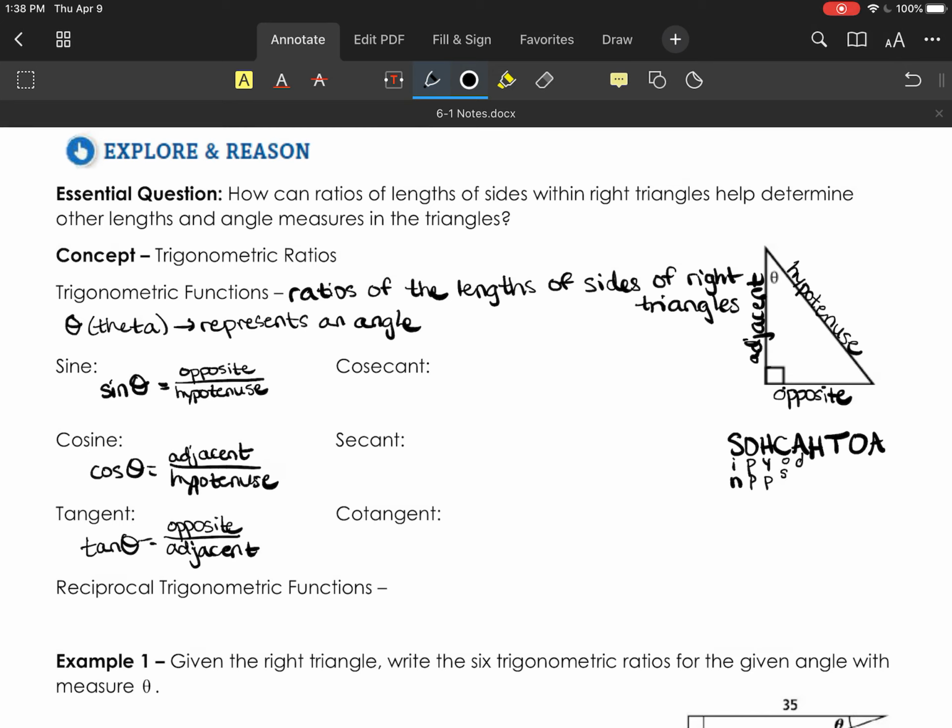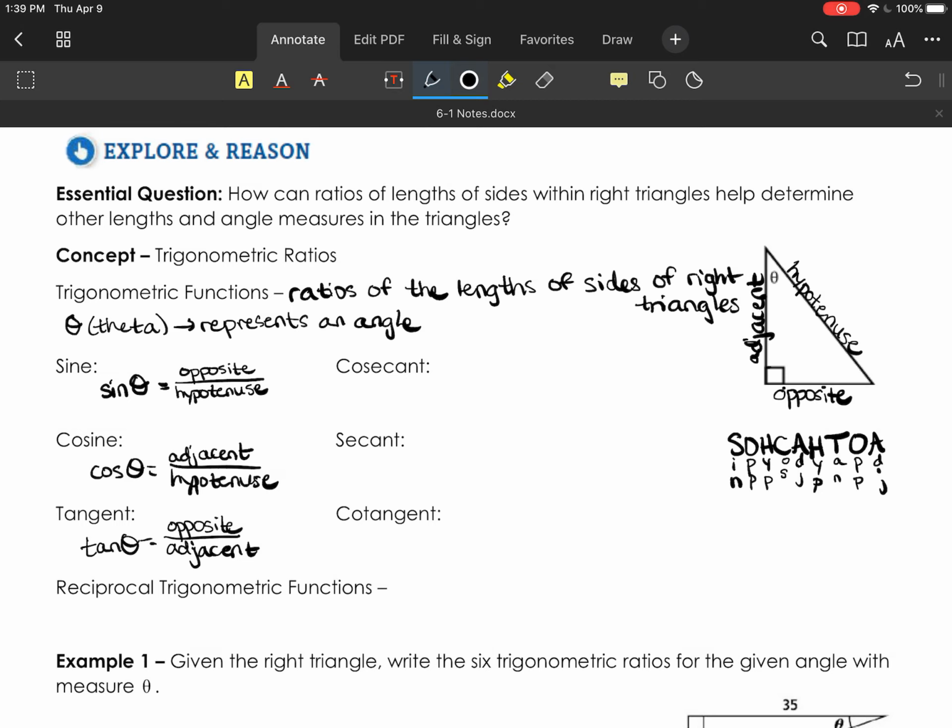Then you have your cosine, which is your adjacent over your hypotenuse. I'm abbreviating just so you can see what this means. Then you have your tangent, which is your opposite over your adjacent. Whenever you need to remember which one's which, you can use SOHCAHTOA. Sine is the first three letters, cosine is the next set of three letters, and tangent is the last three.